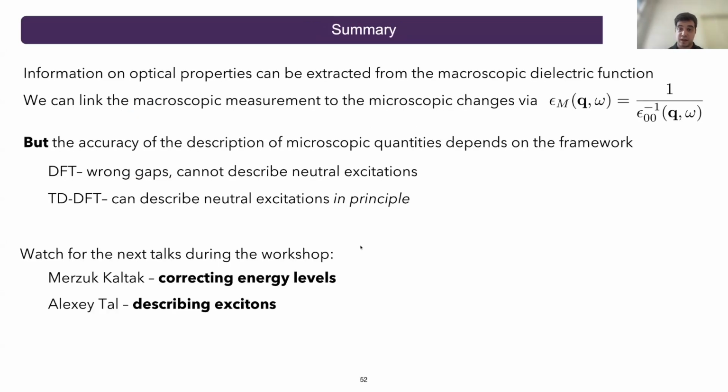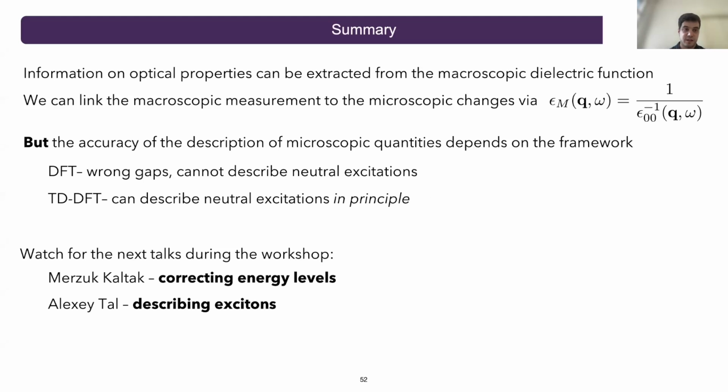I'm at the end of my talk. I would like to retain the main points of what I've mentioned during this time. So optical properties can be described by the macroscopic dielectric function, which is in turn linked to the microscopic dynamics by the macroscopic average procedure. The accuracy of your results will in fact depend on the theoretical framework that you choose.